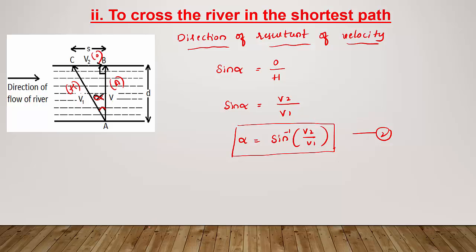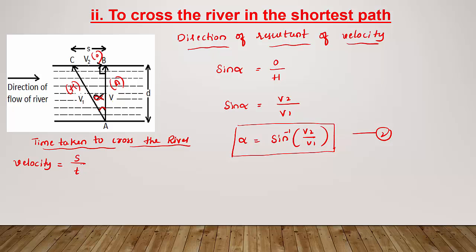Now similarly we can find the expression for time taken to cross the river. How much time is taken to cross the river? Let us find its time here. Yes, we know that simply the definition of velocity we can use here. Velocity is a rate of change of displacement, s divided by t, right?